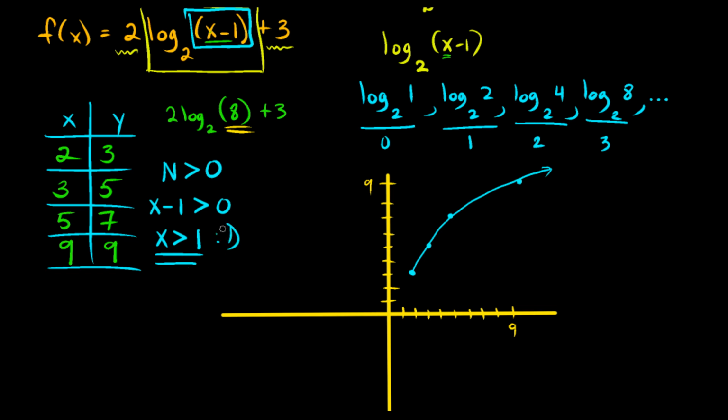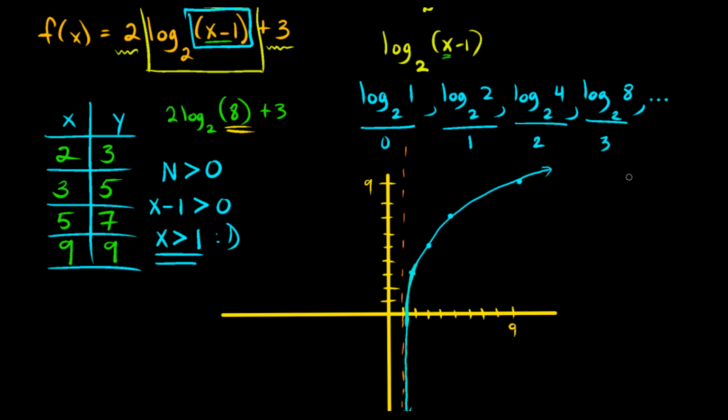That means if x has to be greater than 1, there will be a vertical asymptote at x equals 1. That's telling you the function needs to be to the right of that value. So what's going to happen is this thing is going to just shoot straight down and get infinitely close to that asymptote.